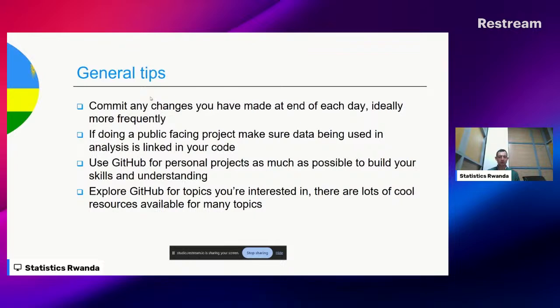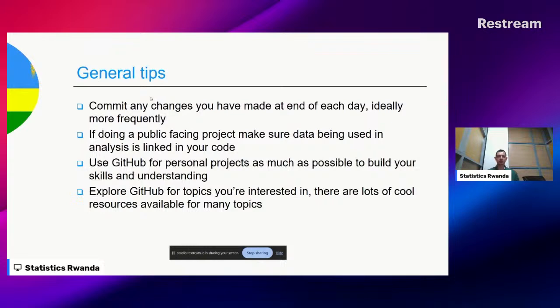Or if I was working on a big project that had multiple aspects, I made any change that impacts different files or different folders, I make sure that I commit at each stage so that if something stops working, we're able to identify at which point the change was made that broke the initial code.